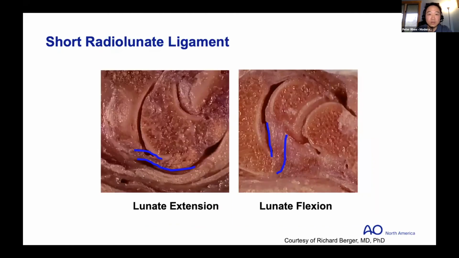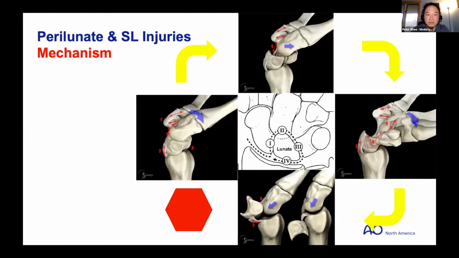Now that short radiolunate ligament is very stout in this cadaver section. You can see it really tethers that lunate. And that really is the basis of our understanding of the perilunate type of injury that was really elegantly described on cadaveric studies by Dr. Mayfield. And to simplify it the best that I can, with this axial loading, extension, carpal supination type of mechanism, the entire wrist goes dorsally or extends.